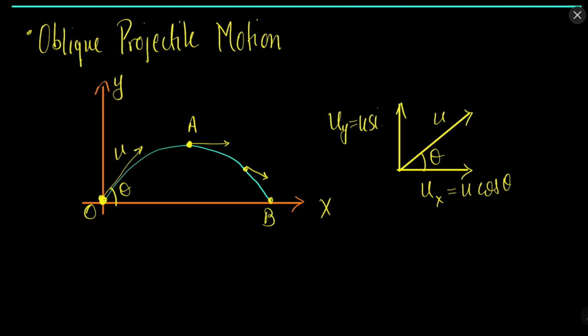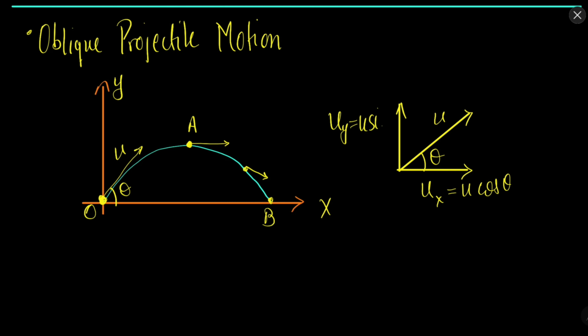The only acceleration is in the y-axis because of gravity, acceleration due to gravity. So acceleration in the x-axis is 0, horizontal is the x-axis and vertical is the y-axis. Secondly, the initial velocity in the x-axis is u cos theta, as we found out.